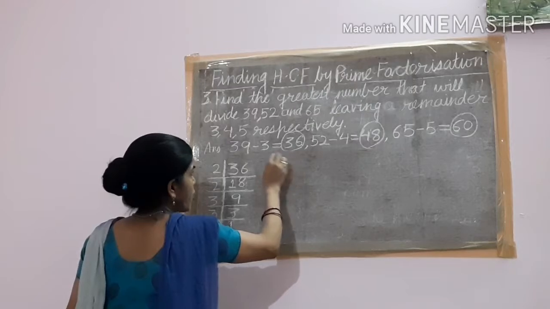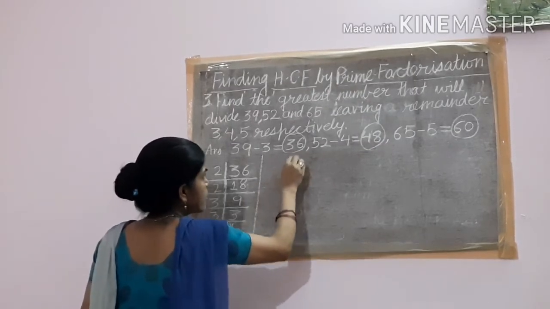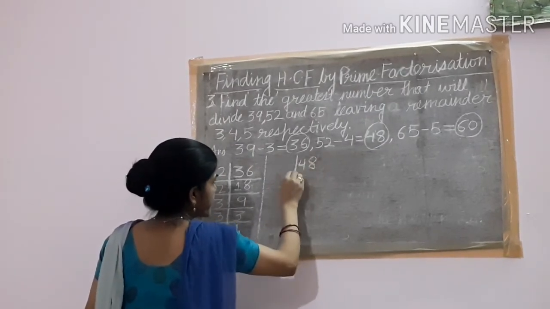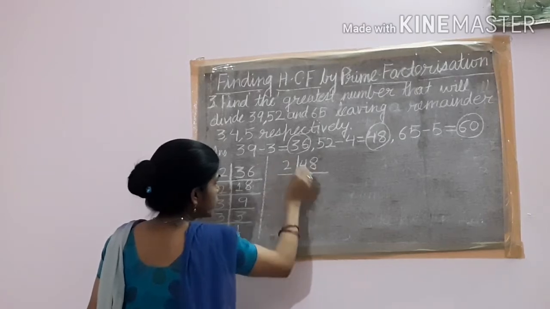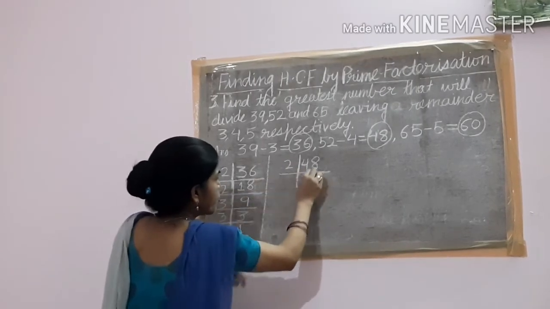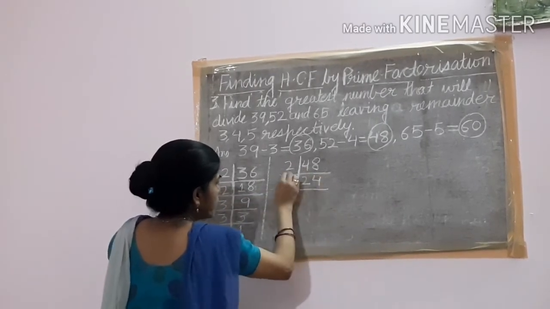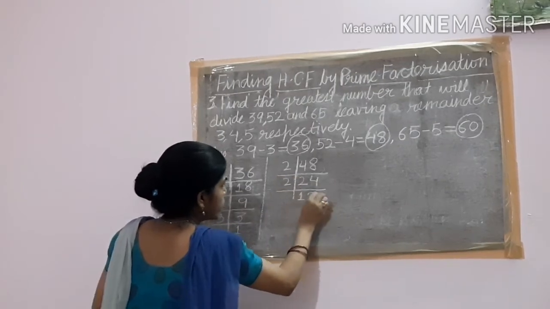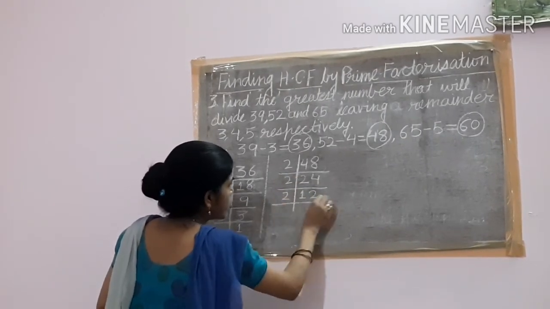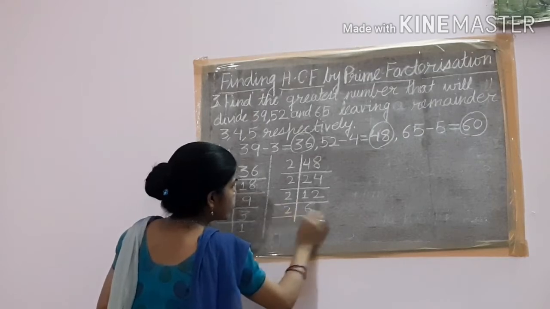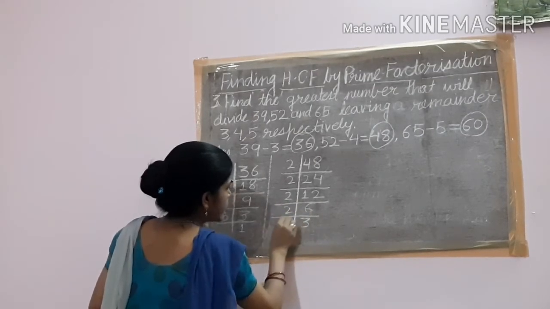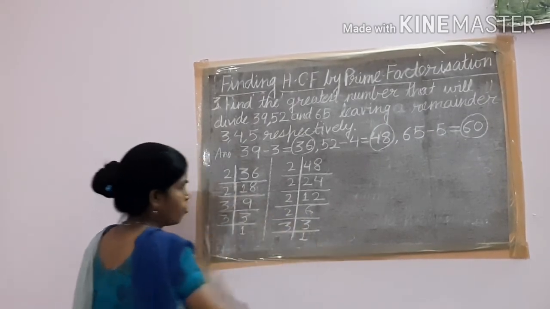Next is 48. Divide it. 2 twos are 4. 2 fours are 8. Now 2 ones are 2. 2 twos are 4. 2 sixes are 12. 2 threes are 6. 3 threes are 1. Over.